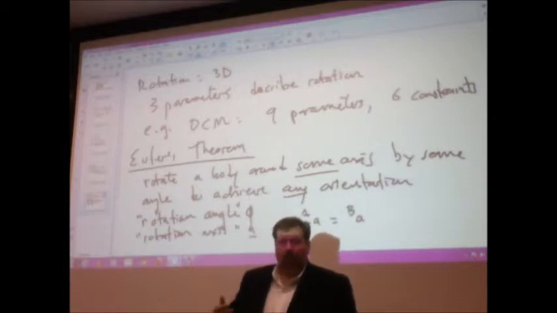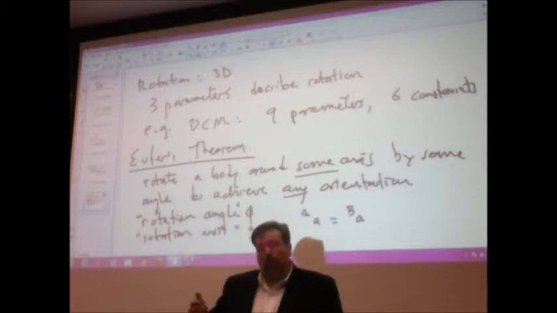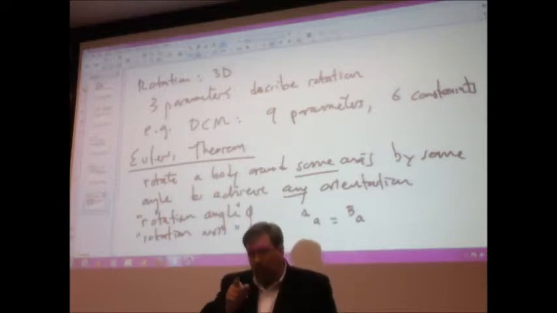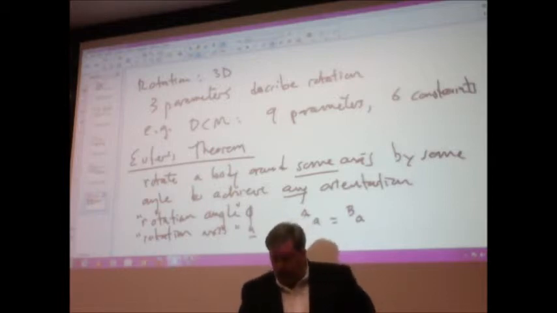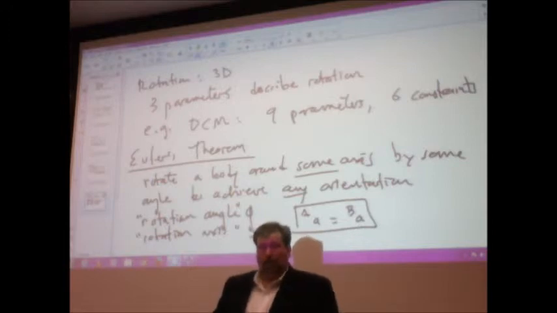In other words, we can write down that vector in terms of its representation in A or in B. And it turns out, in this rare case, that the numbers we use to write down A in the capital A coordinate system are the same as we use to write down little a in the capital B coordinate system. And that's because A is the axis of rotation.